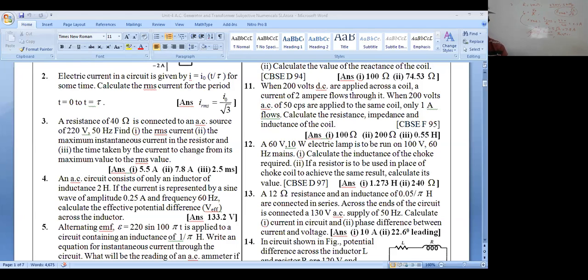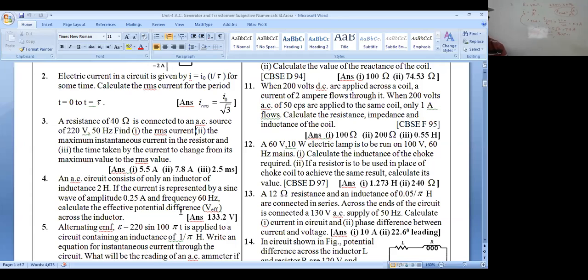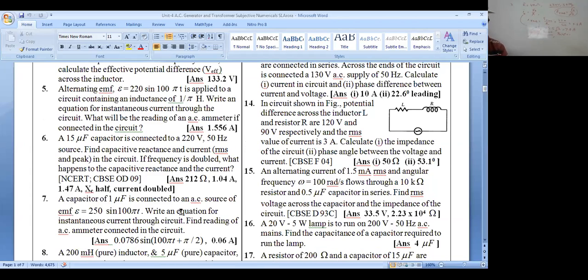Okay, I'm coming to question 6. That is a good question. A 15 microfarad capacitor is connected to 220 V, 50 Hz.